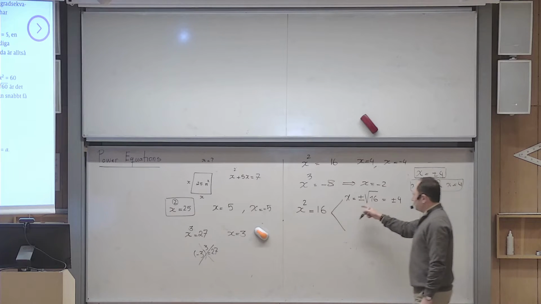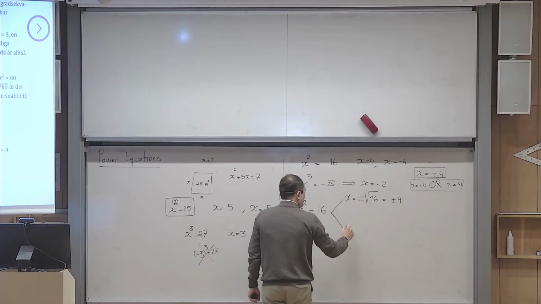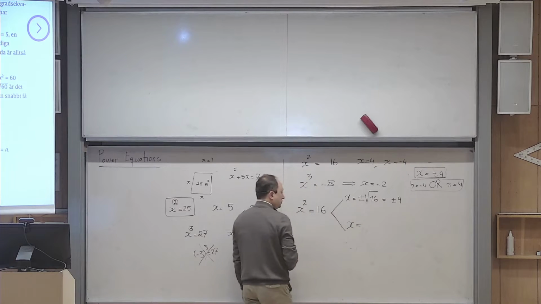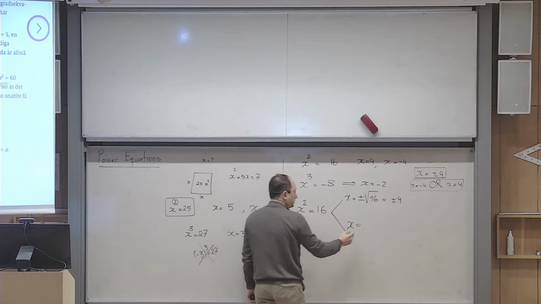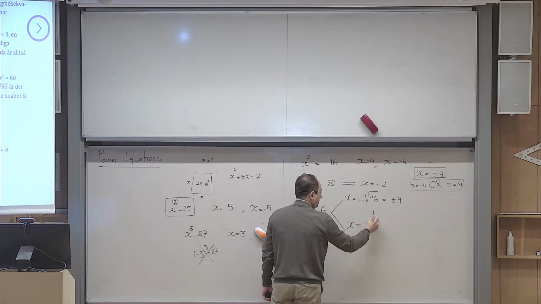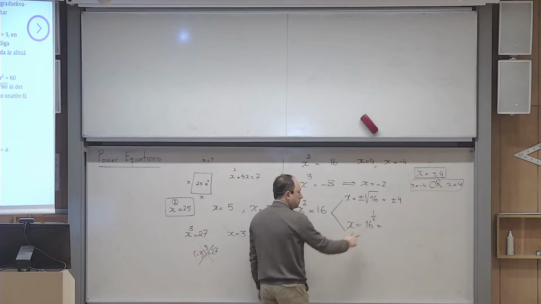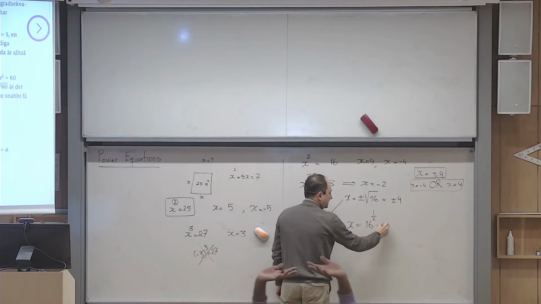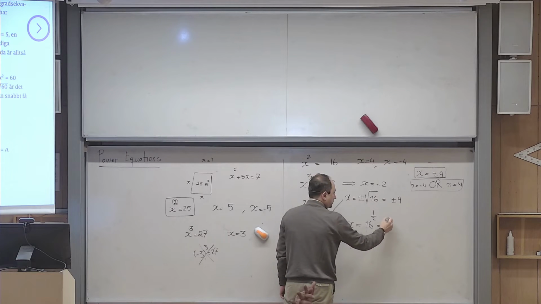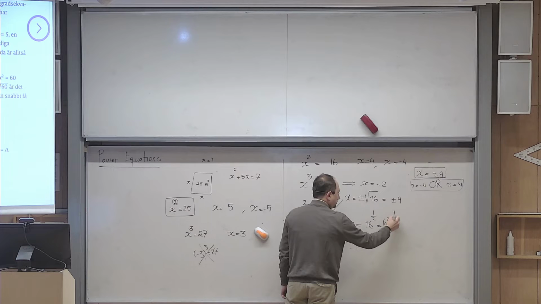Another way to do that is to use the fractional power. So you raise to power 1/2 instead. Some people are more comfortable with this because they realize that 16 is 4 to power 2 and then to power 1/2.